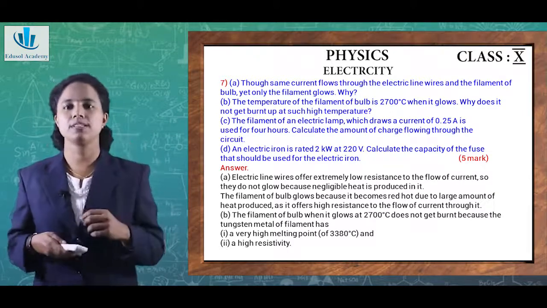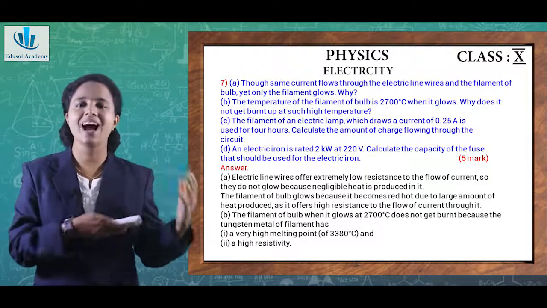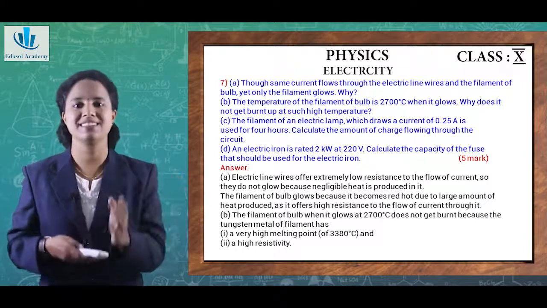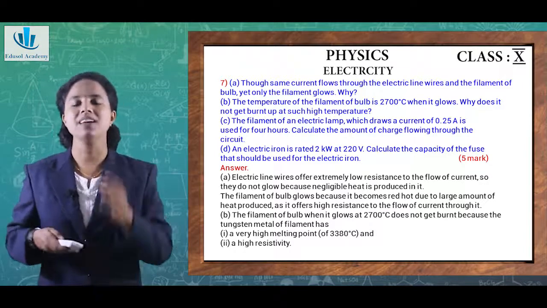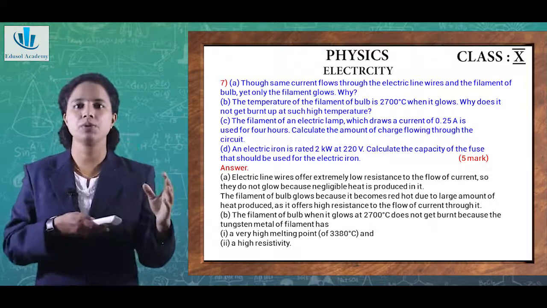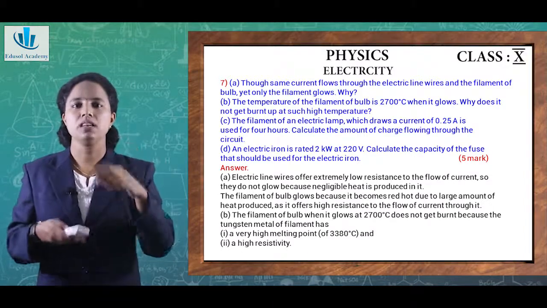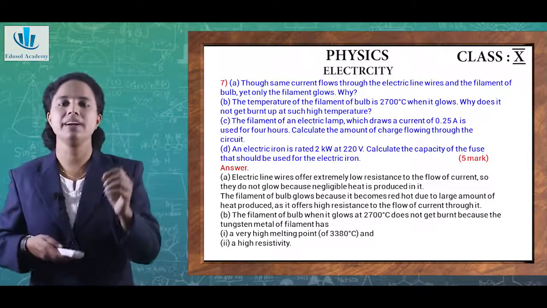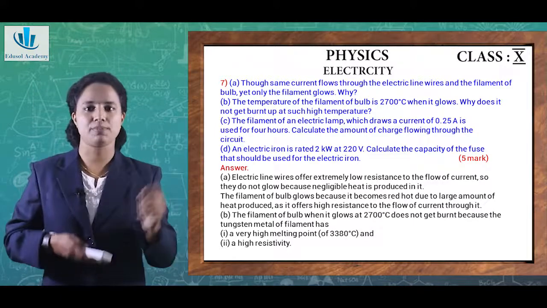The main properties are that it has a very high melting point, in the range of 3380 degrees Celsius, and it also has high resistivity. These are the main factors that ensure the filament of the bulb doesn't burn even at high temperature.